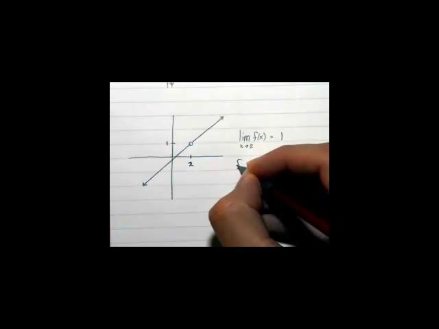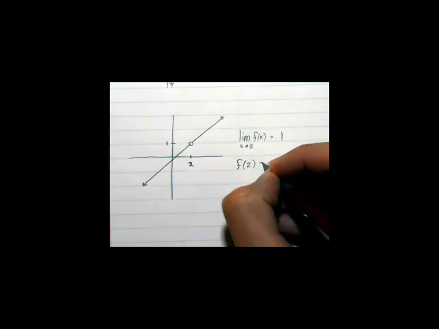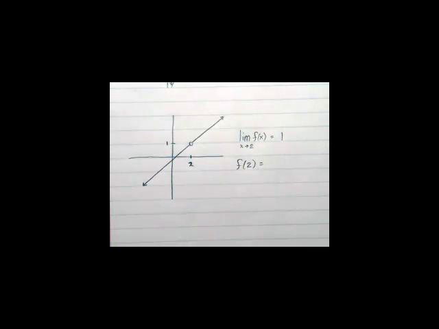Now, if I asked you what is f of 2, what's the value of y if I plug in a 2? Well, there's nothing there, right? So does this have an answer? No. Does not exist. Can't do it. Undefined, however you want to say it.